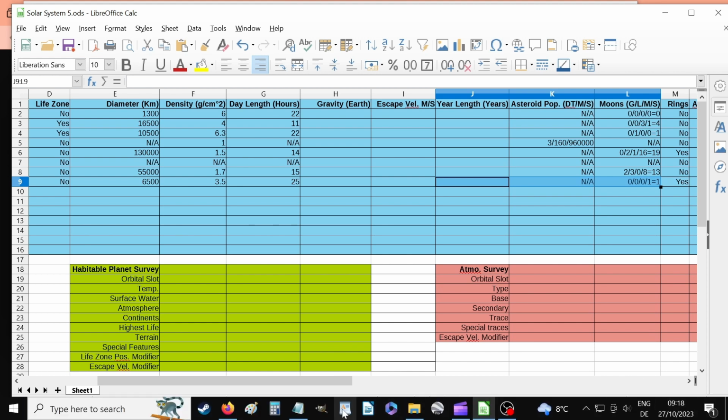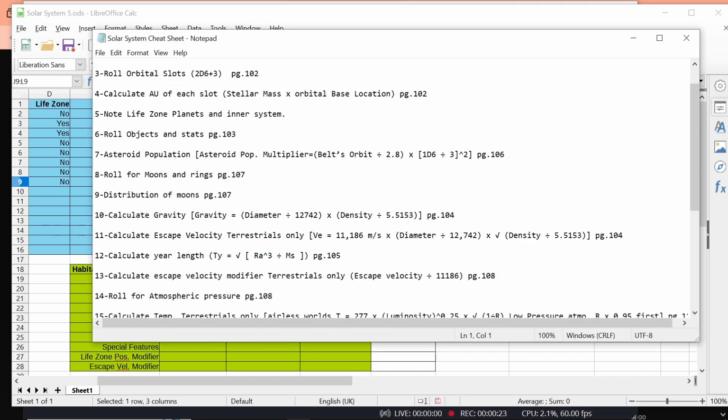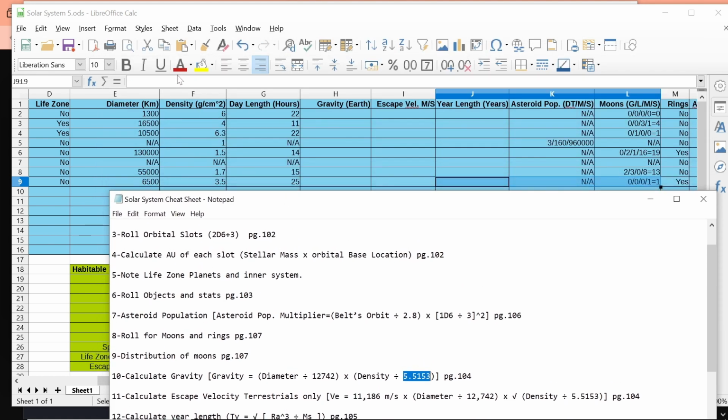Today we're picking up where we left off in the last episode, calculate gravity. This is what we're on. So it's this calculation here, which isn't too bad. All we have to do is take the density and divide that by 5.513. Our density, if you remember, we took that for each planet.